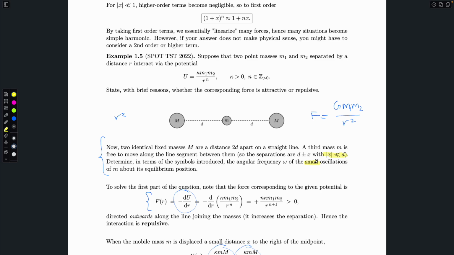It can be binomial, most often is binomial, but it could also be small angle approximations. For example, sine theta can be approximated as theta, or cosine theta as 1 minus theta squared over 2. Generally speaking, these are the hints for you. They are trying to tell you to do some Taylor expansion and then take the lower order terms.